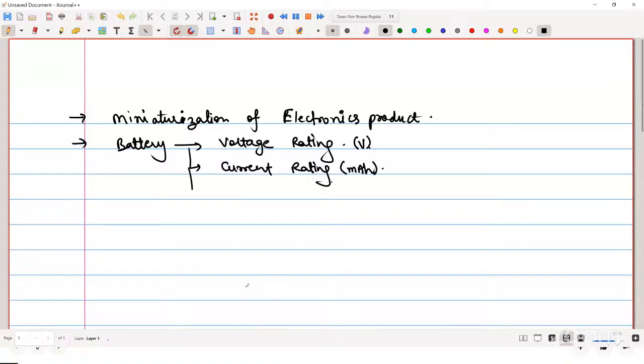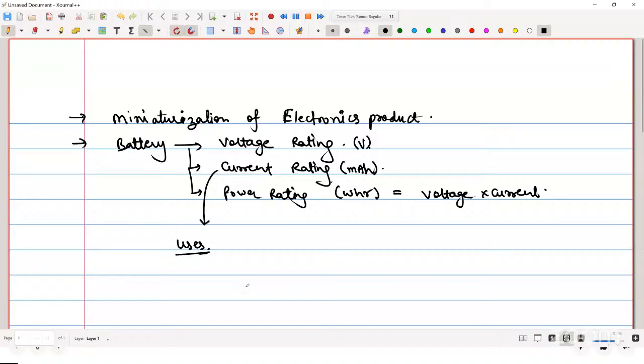The third one is the power rating, that is in watt hour. This power is nothing but the multiplication of voltage and current. Why are we giving the current rating in milliampere hour? That is dependent on the usage.